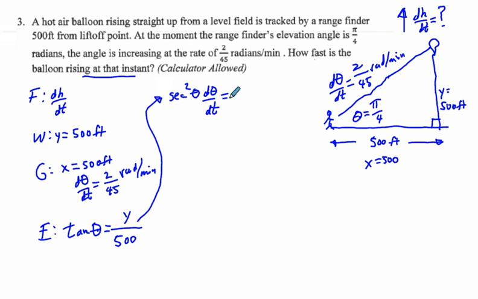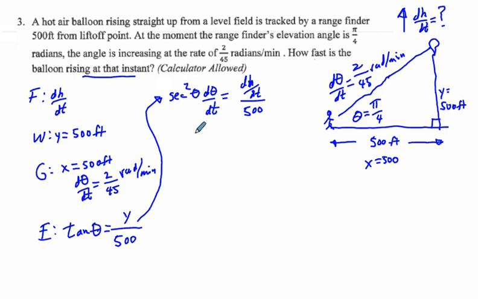And that's going to be equal to, on the right side, dy dt over 500. So now I'll just say dH dt, right? Let's do it that way because we're looking at change in h. So let's go ahead and work this out.